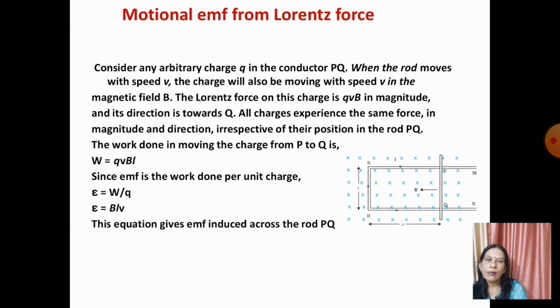So the EMF will be equal to work done upon charge, which is again the same expression, BLv. So the expression for motional EMF can be derived in terms of Faraday's law or in terms of Lorentz force, and in both cases we get the same equation, E equals BLv.